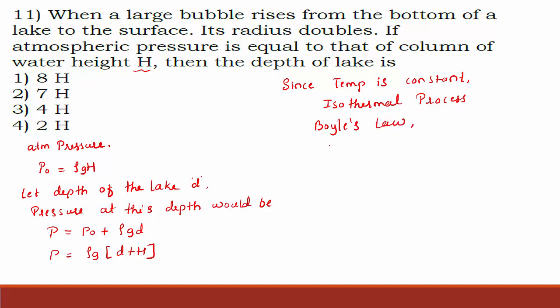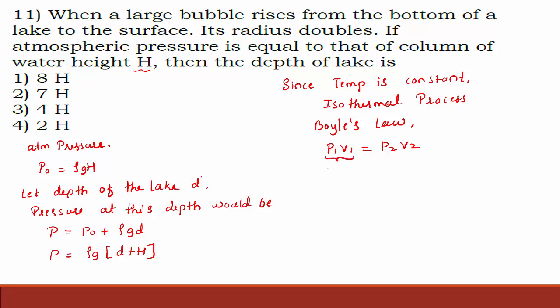According to Boyle's law, we can write the equation P1 V1 equal to P2 V2. Here number 1 indicates the water at the depth D, and number 2 indicates the surface of the water.